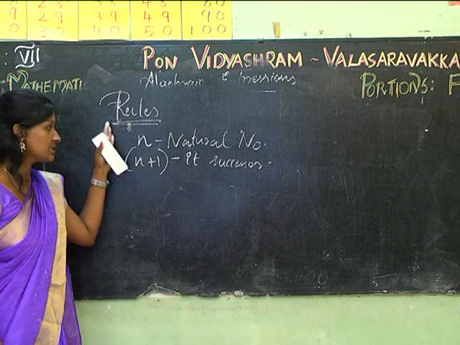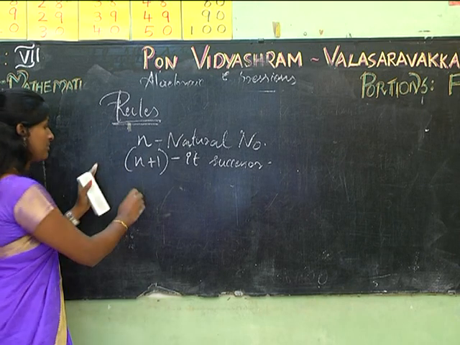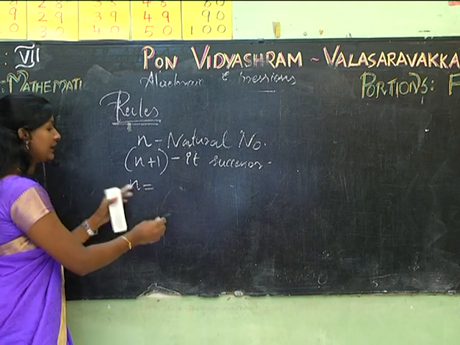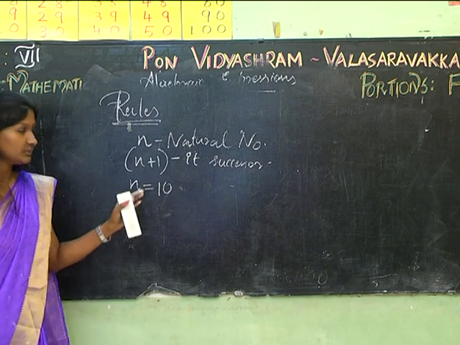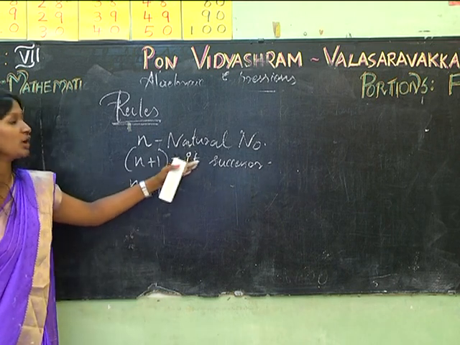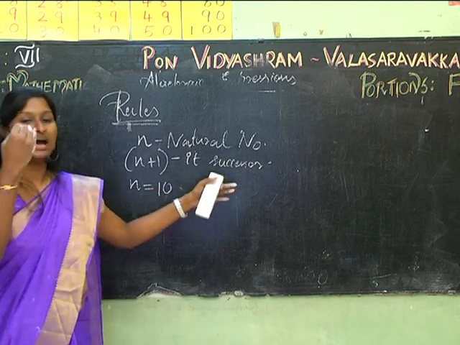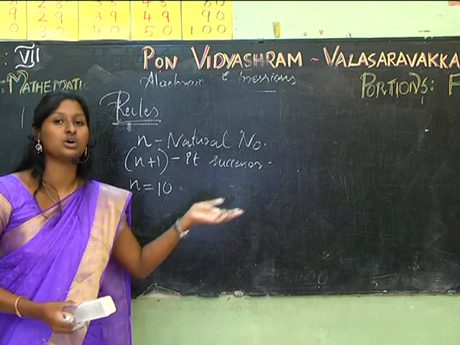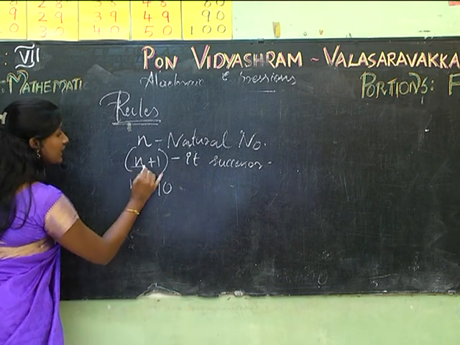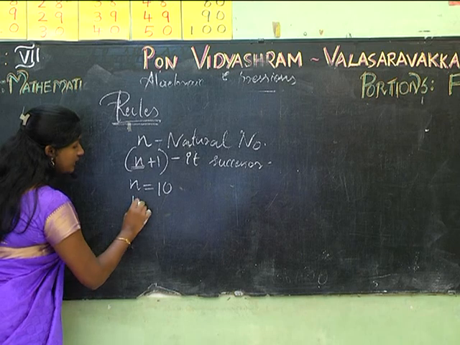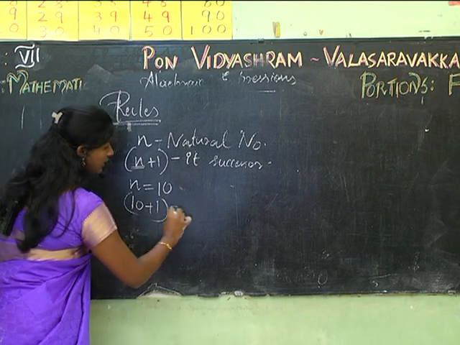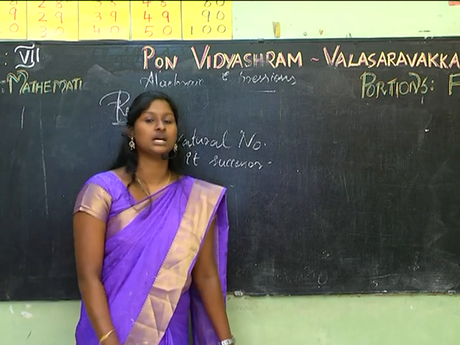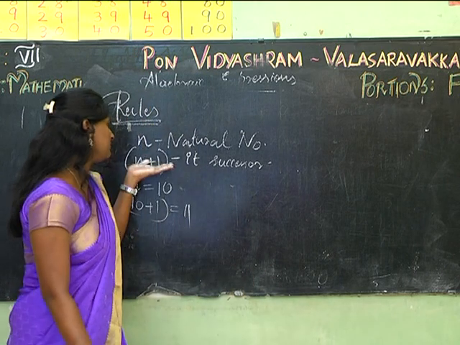Let me do this mathematically. If I consider the natural number n equal to 10, what will be the successor? We know the successor of 10 will be 11. So 10 plus 1 is equal to 11.